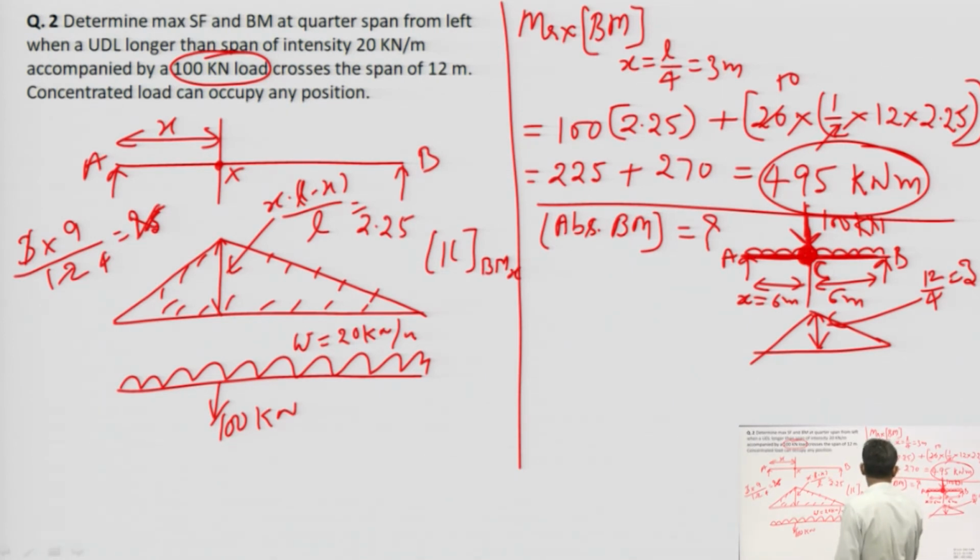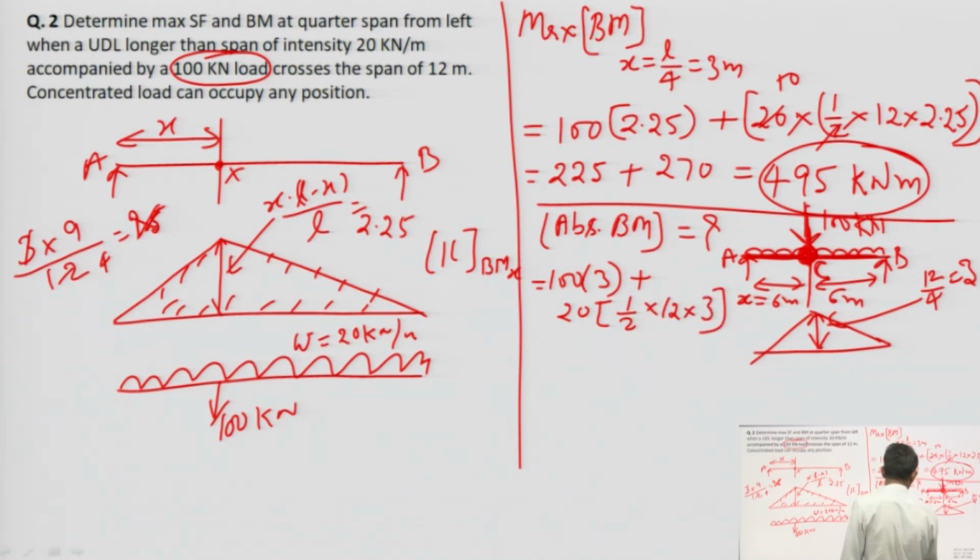Okay. So, you can calculate the value of absolute bending moment. What will be that? 100 multiplied by 3, plus this area load: intensity 20 into 1 by 2 into length 12 into ordinate 3. So, it is 300 plus how much is that?